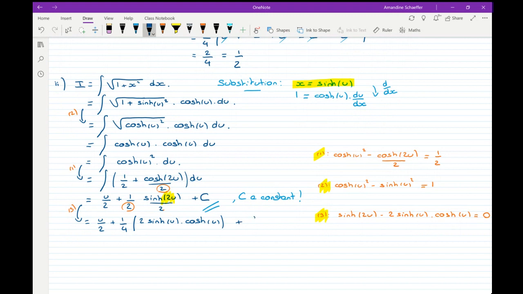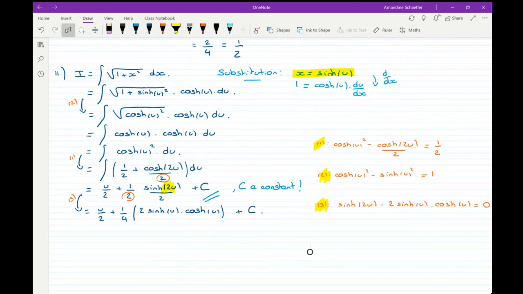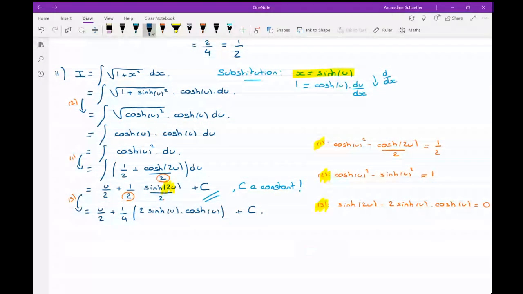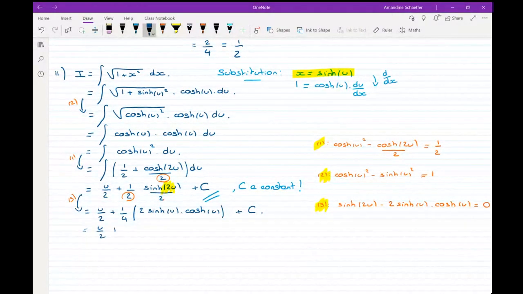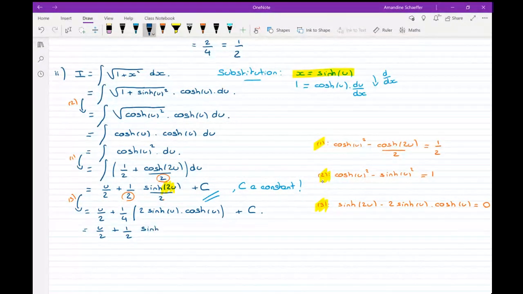Okay, and that's it, plus c, which means I can get rid of this. So now 1/2 sine u cosh u, and still my constant is there.